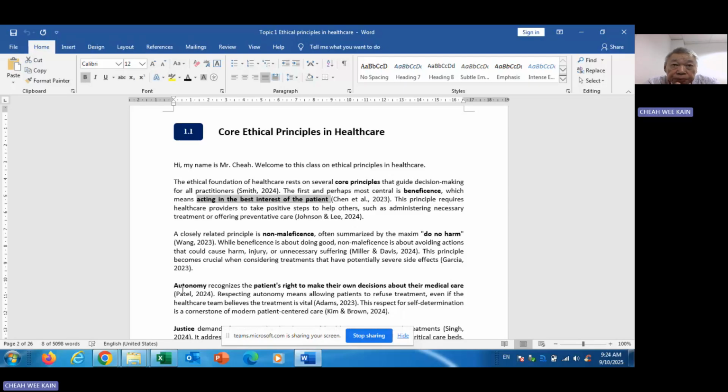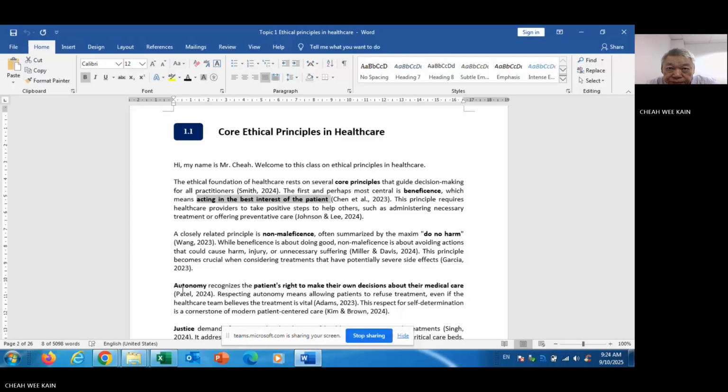We will inform the guardian, a legal guardian, their parents, or the siblings of the patient about the clinical procedure that we want to do, and they will decide what is the best interest for the patient.